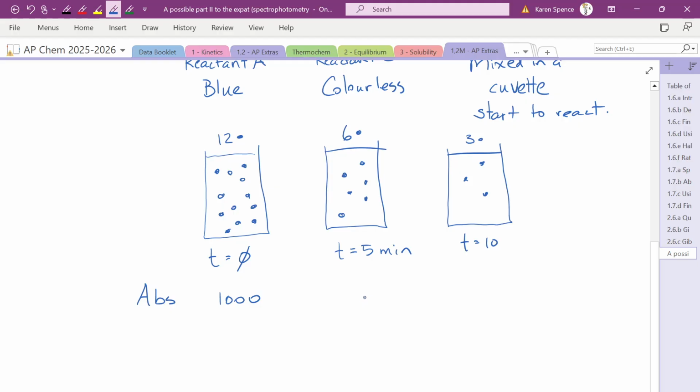It would be 500, okay? And how about at time equals 10 minutes? It would be 250, okay? Now, this experiment, we have done this at our lambda max.